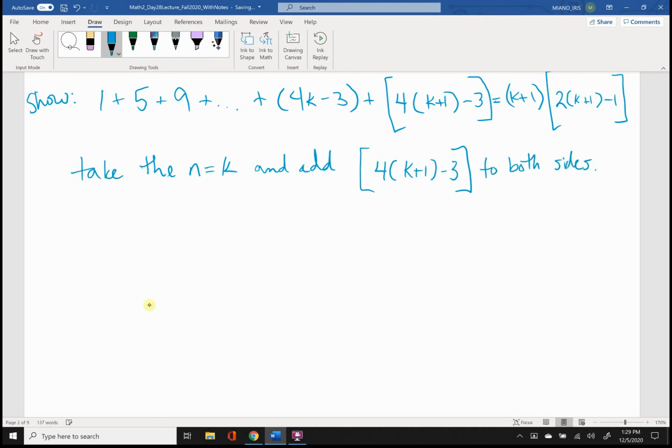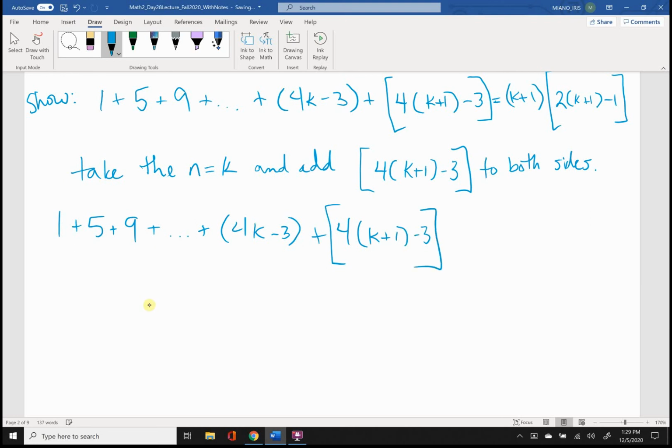Okay, so again, take your n equals k case, that's the 1 plus 5 plus 9 plus ... plus 4k minus 3 plus this bit, right? So it's looking a lot like what we're trying to show. Okay, don't worry though.